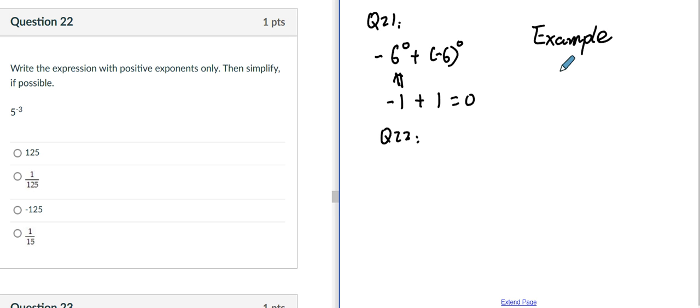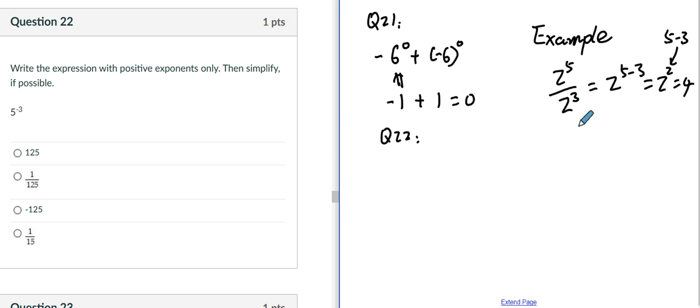Again, previously we have 2 to the 5th divided by 2 cubed. We know that's 2 to the 5 minus 3, and there's 2 squared, which is 4.